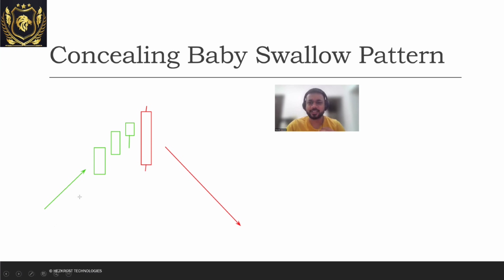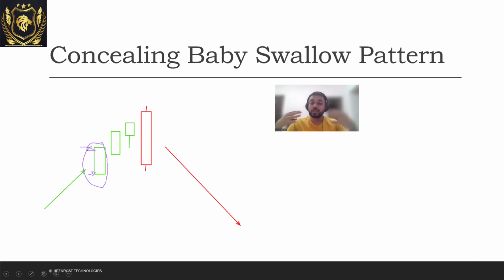Now let's try to understand the psychology behind it. What exactly is happening? Since it's a Marubozu pattern, the open is equal to the low price and the close is equal to the high price.